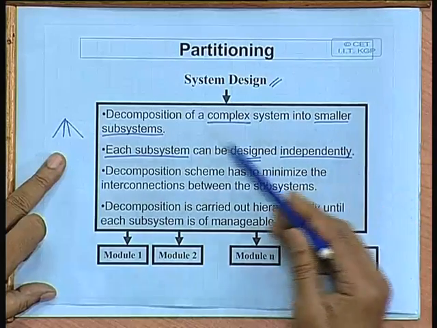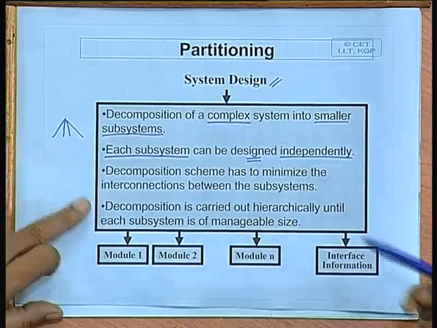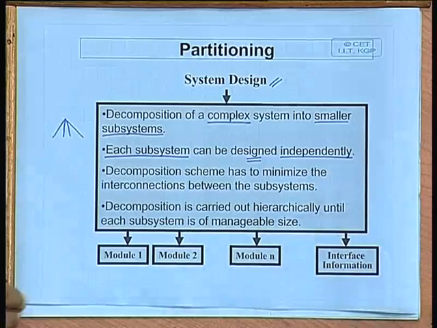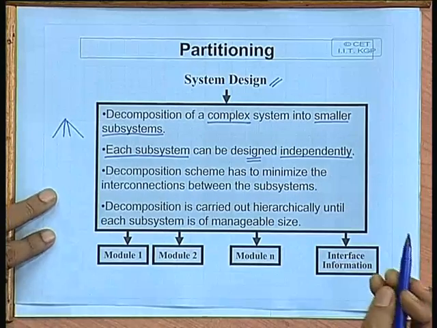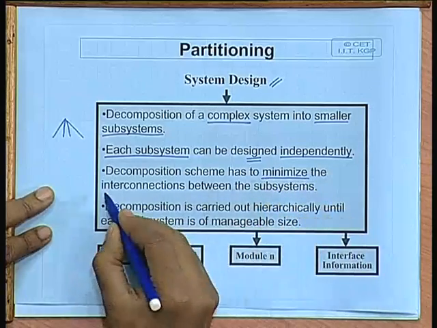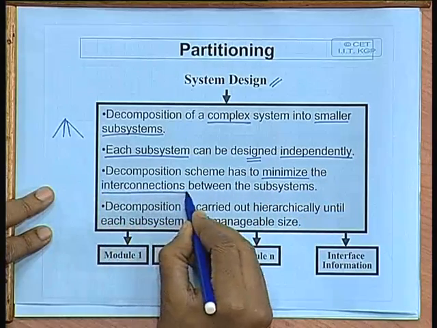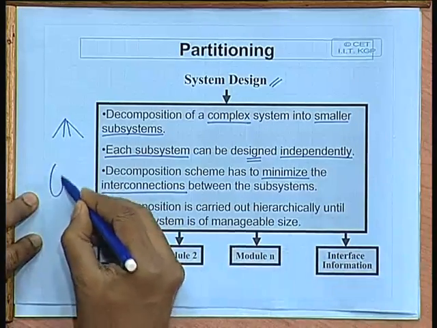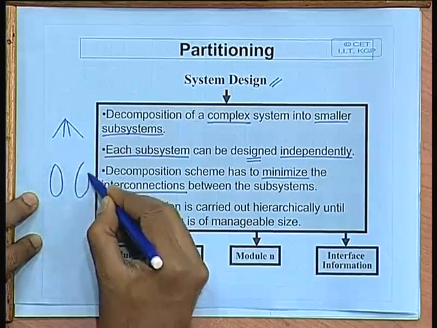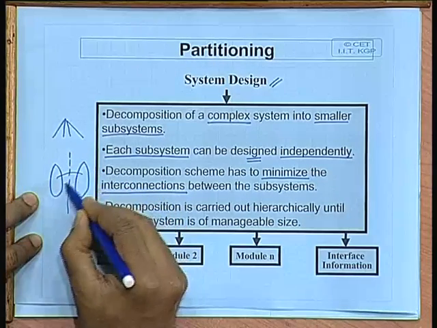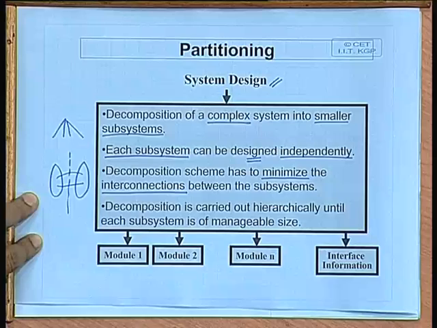And obviously, this partitioning cannot be done in an arbitrary way. There are some desirable properties that need to be looked at. One is, of course, to minimize the number of interconnections that cross the subsystems. If I have a bigger system and break it up into two subsystems, the number of lines crossing the partition must be minimized.